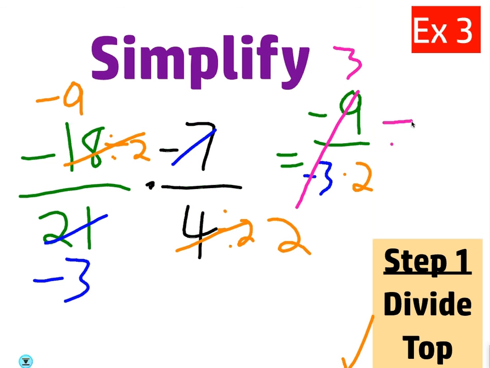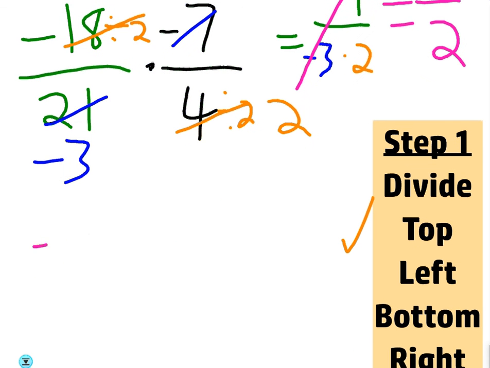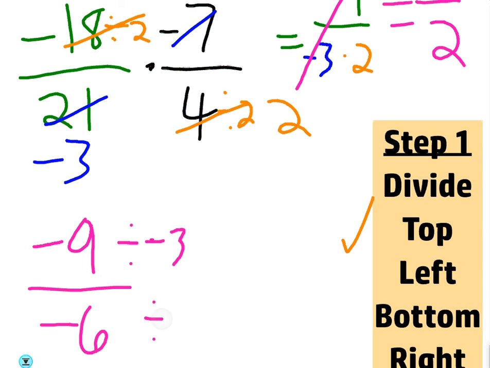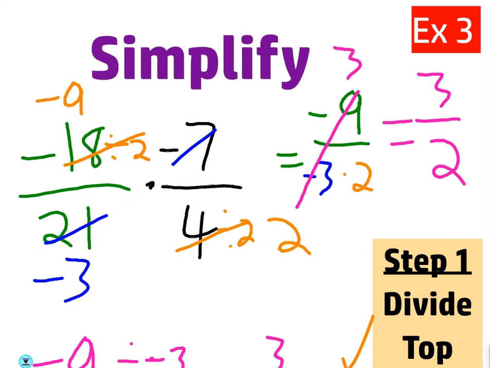Nope, negative over negative is a positive. Both negatives cancel, and the answer is 3 over 2. Listen up, guys. You could multiply the bottom. You would have gotten negative 9 over negative 6, but then you just would have been doing extra work, which is fine if that way makes sense to you better. Divide the top and bottom by negative 3, and you'd still get 3 over 2. Okay. Point is the first way is better, easier than the second way.